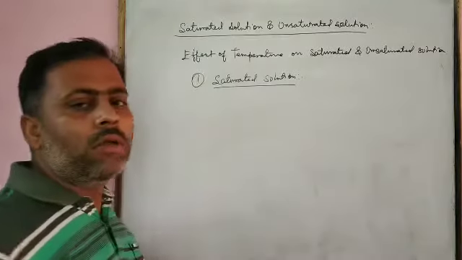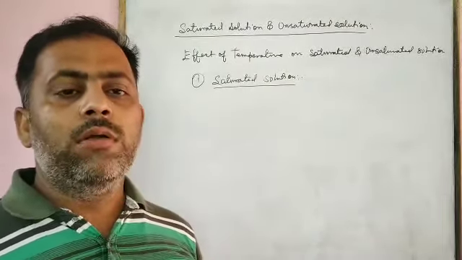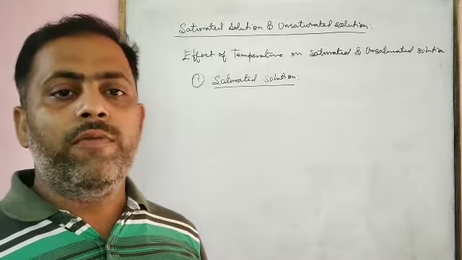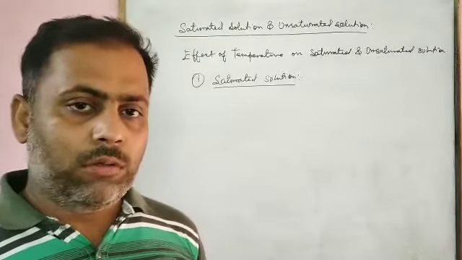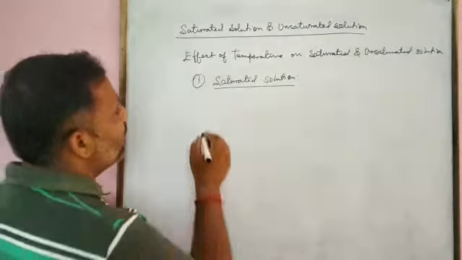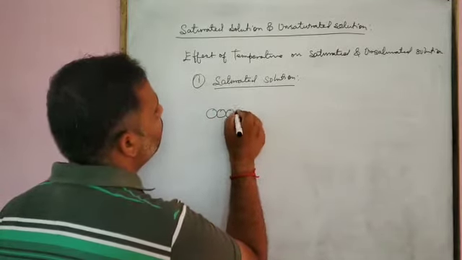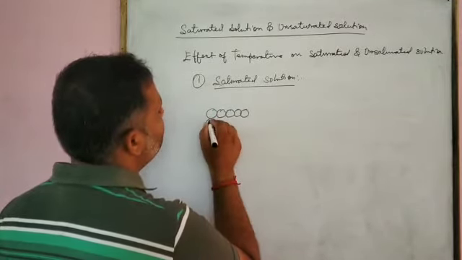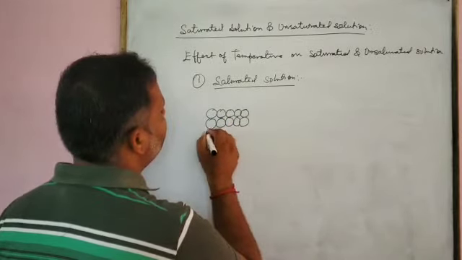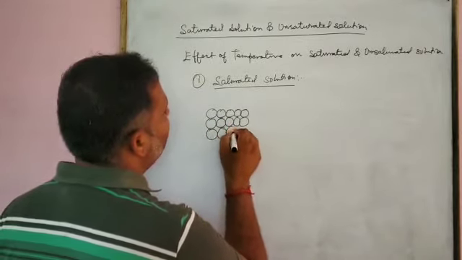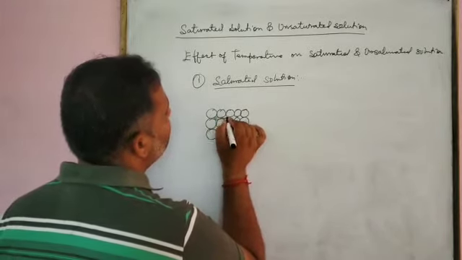In order to understand what is the effect of temperature, we will observe the phenomena at molecular level. As I have explained, in case of saturated solution, all the interparticle space is occupied by solute.